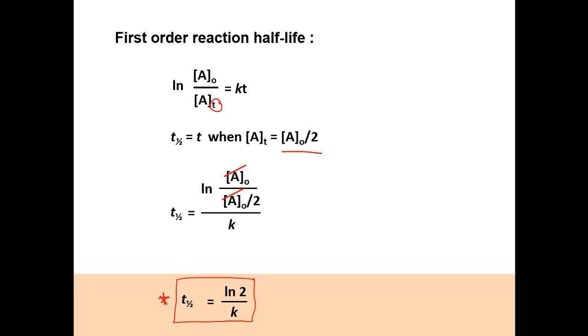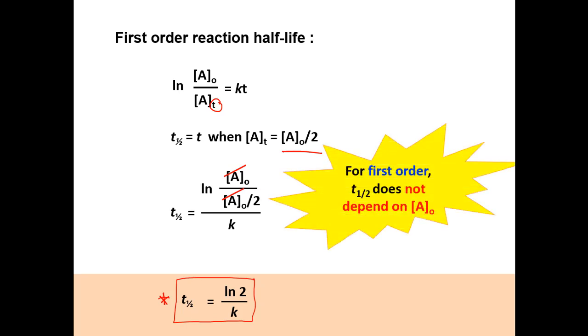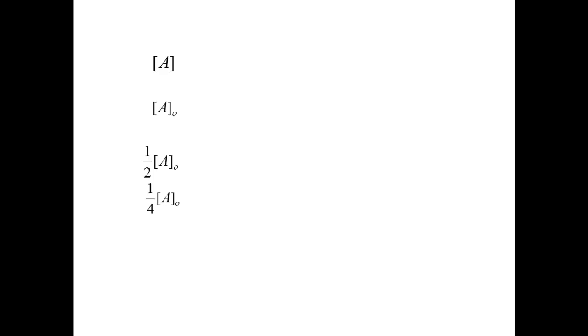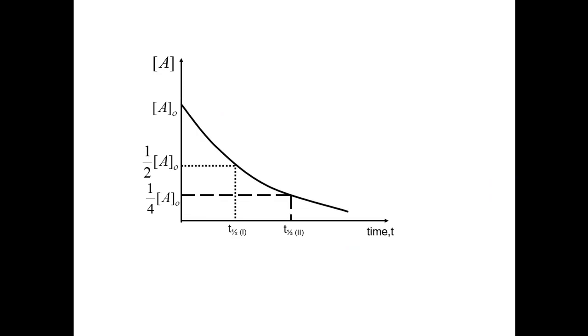Half life untuk first order reaction is ln 2 over K. Okay, so apa information yang kita boleh dapat daripada sini? Dalam half life equation ni tak melibatkan concentration, so half life dia does not depend on the initial concentration.